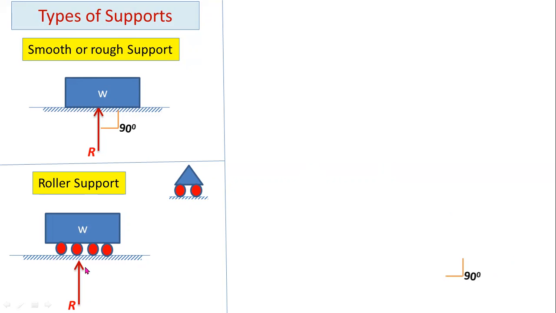So you have to consider a vertical reaction force, because there is no vertical motion. Always the reaction force makes an angle of 90 degrees with respect to the support.